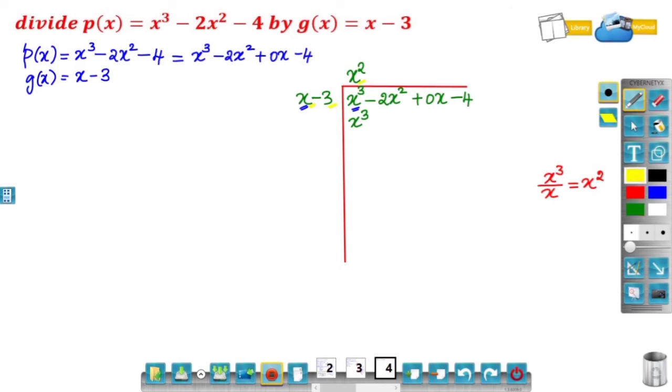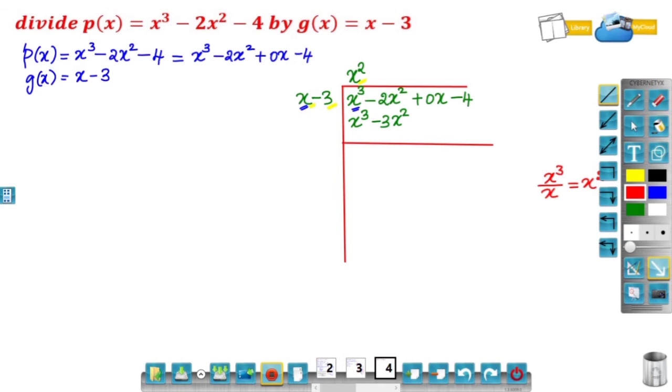After that, subtract. While subtracting, change the sign. Plus x cube becomes minus x cube.